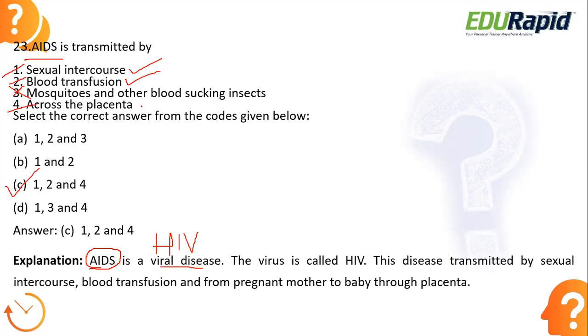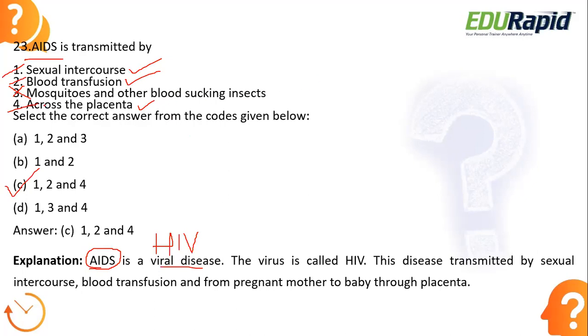It can also be transmitted across the placenta from a mother to a fetus, to her baby. Specifically, this virus gets transmitted, and then it causes the disease called AIDS.